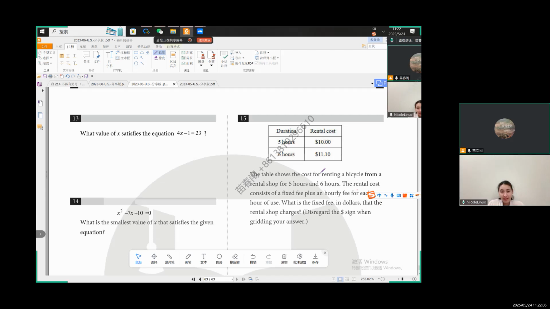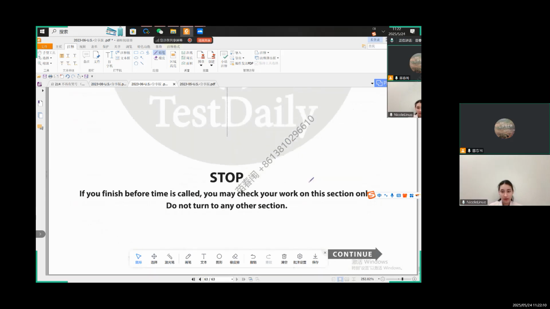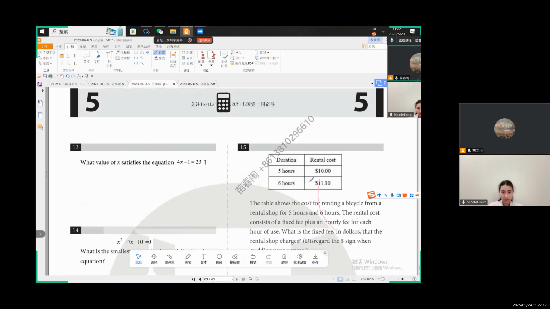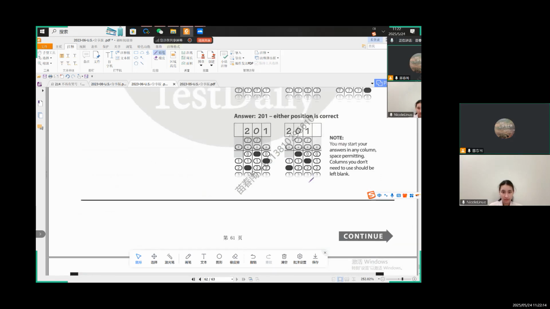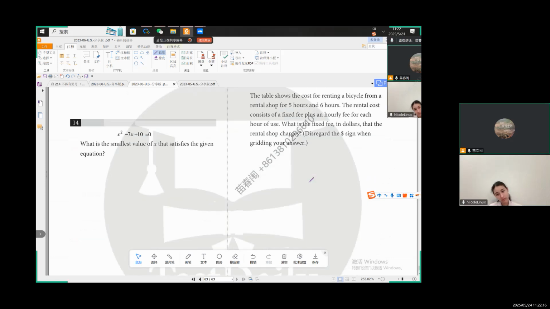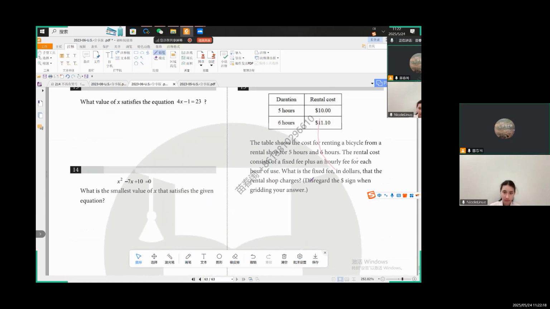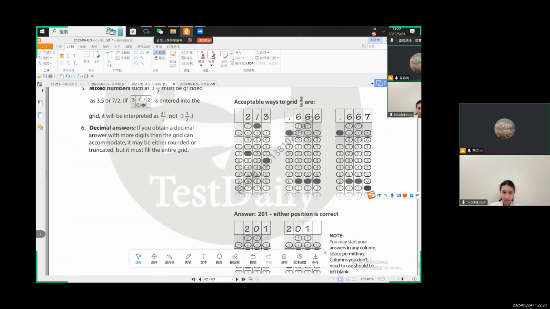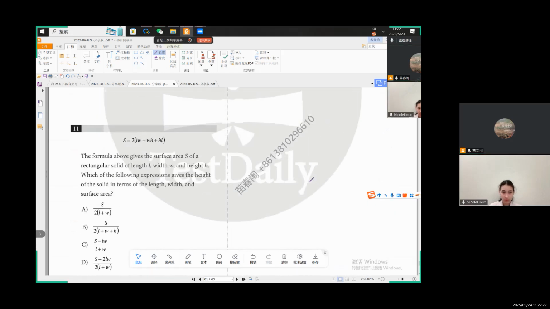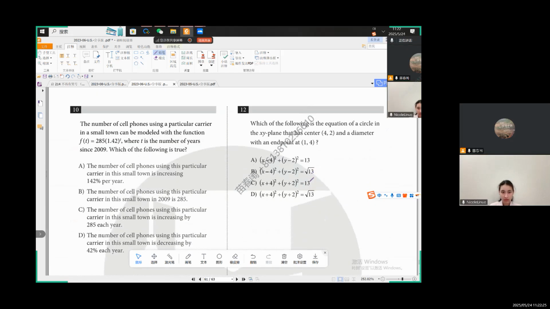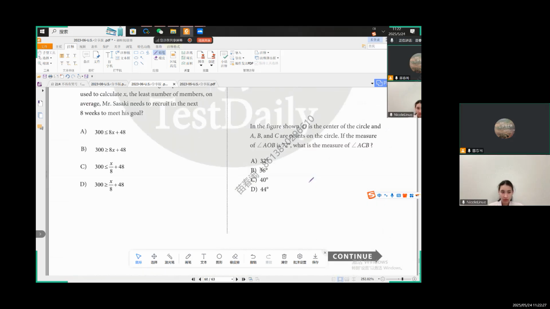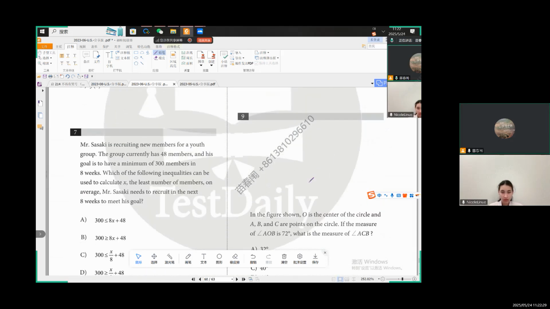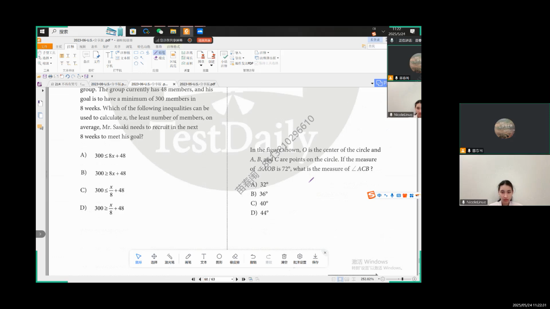Okay, let's do this geometry problem. Wait, why is there a 5? That's crazy. Oh, a typo. Nine.